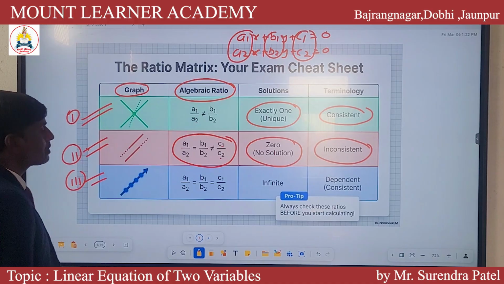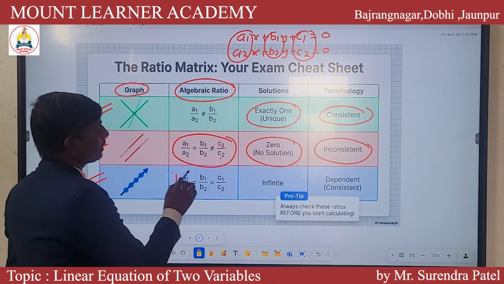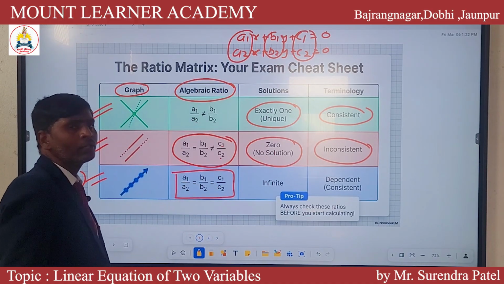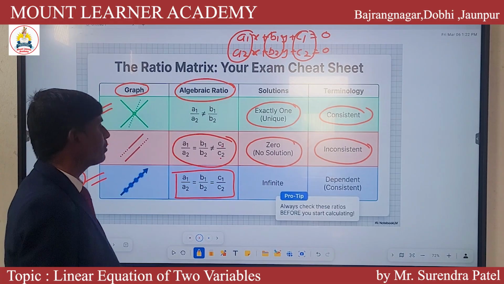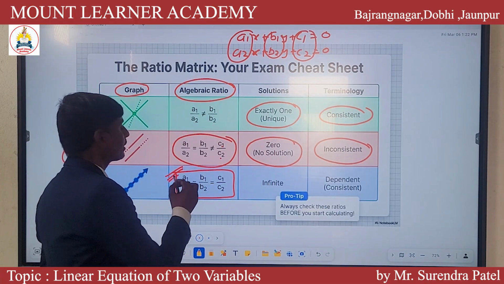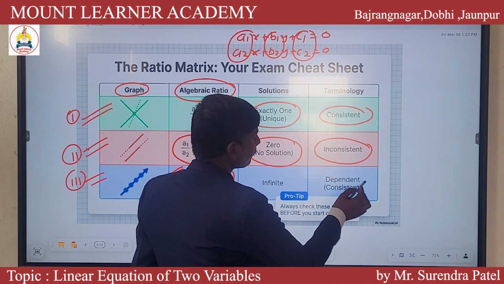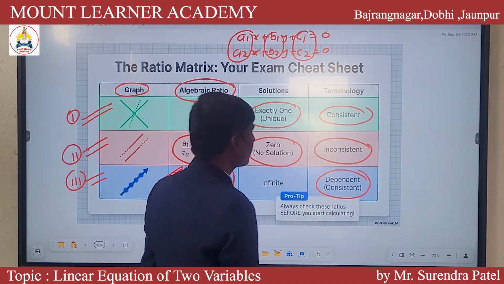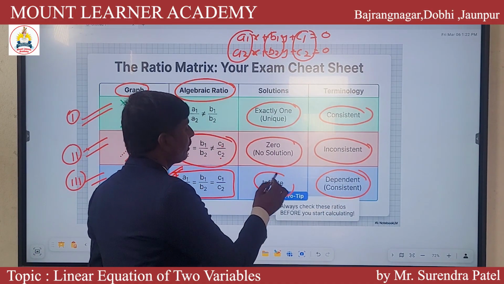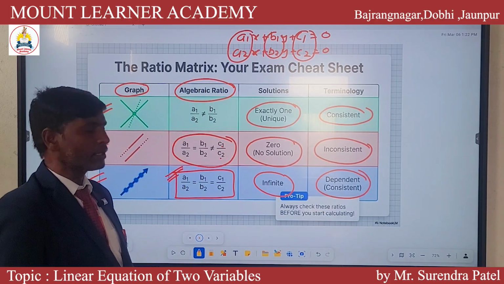And the third one is if all the ratios are equal, a1 upon a2 is equal to b1 upon b2 is equal to c1 upon c2. If all three ratios are equal, then this condition is called consistent, and in this case we get an infinite number of solutions.